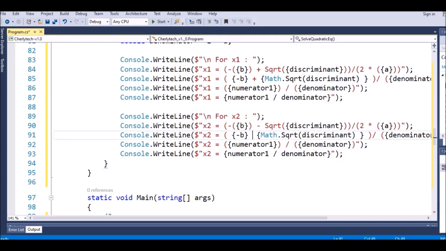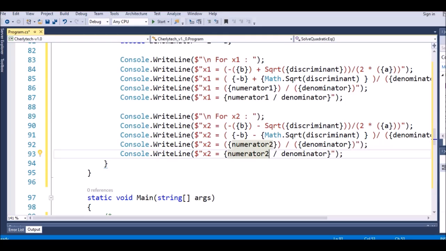Okay, so this one to be minus, and what else? We have to change the numerator, right? This one to be number 2 and this one to be number 2, like this.